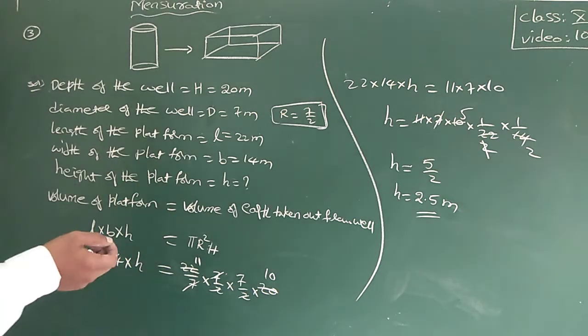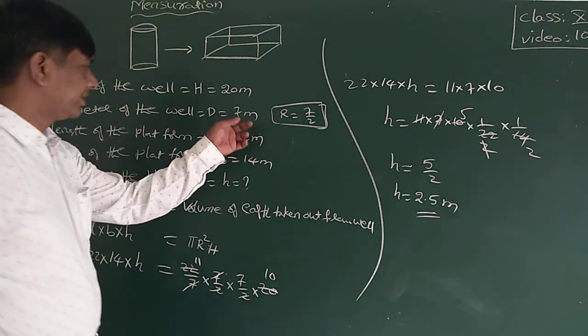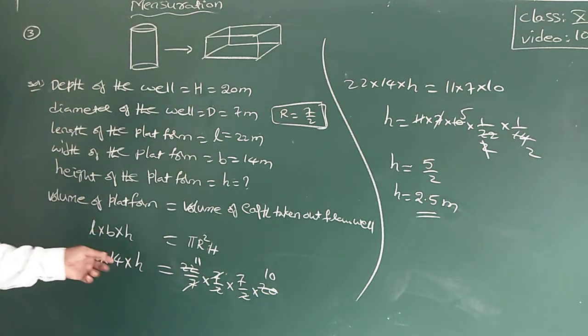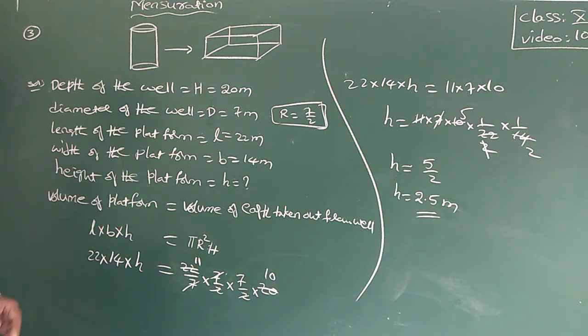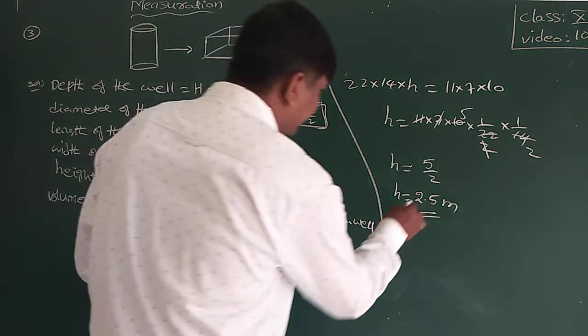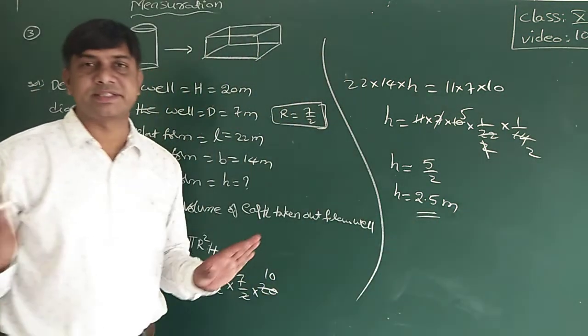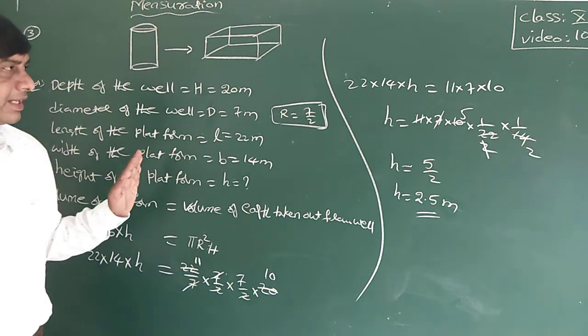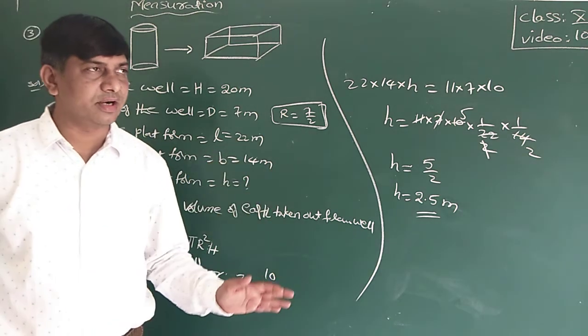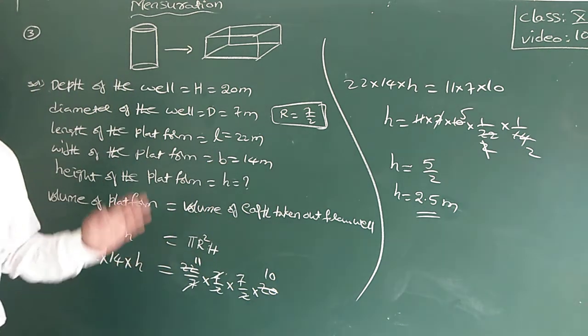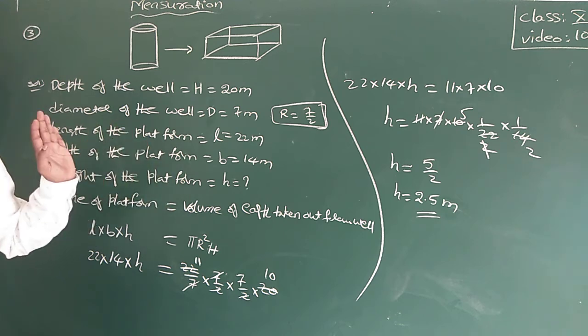If it is 5 meters, then there will be changes somewhere. This may be the radius, or this may be 7 meters. If the breadth is 7 meters, then you will get the height as 5 meters. So in case any calculation mistakes are there, please check yourself whether I did the calculations correctly or not. Check once. Don't blindly trust whatever is written on the board.